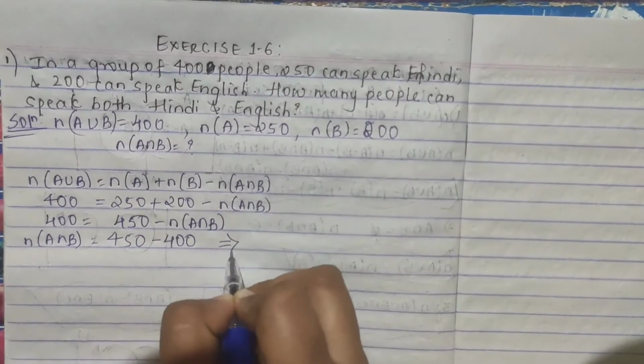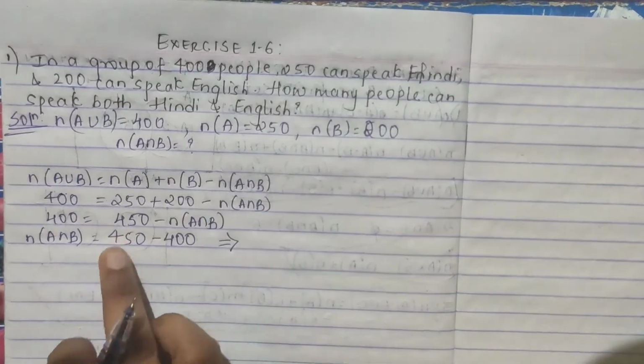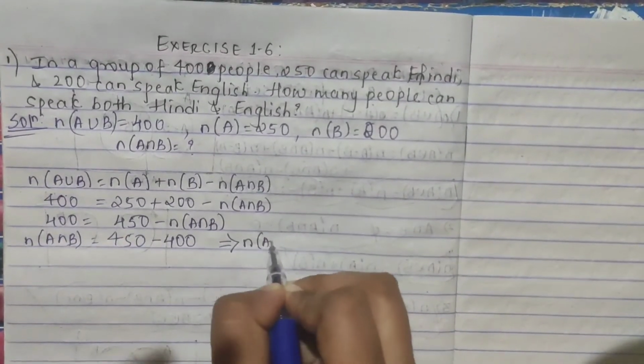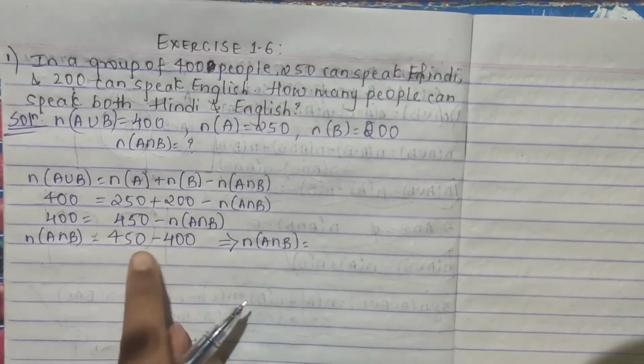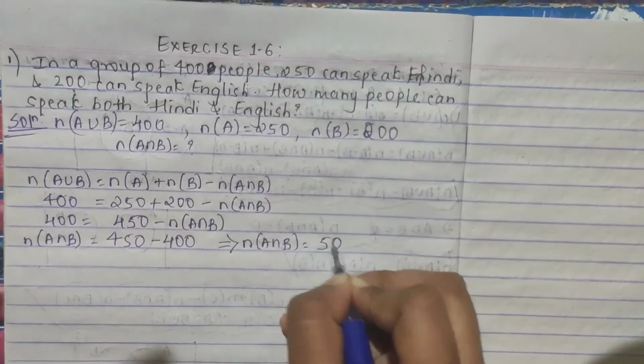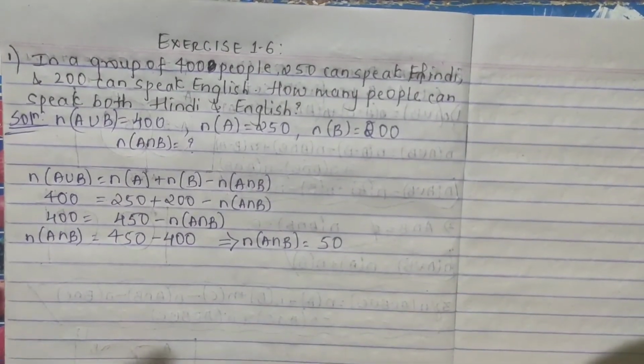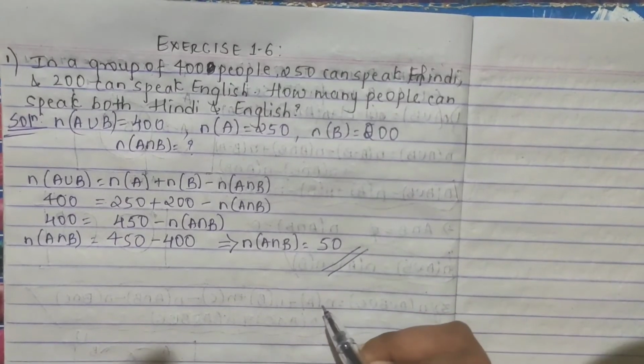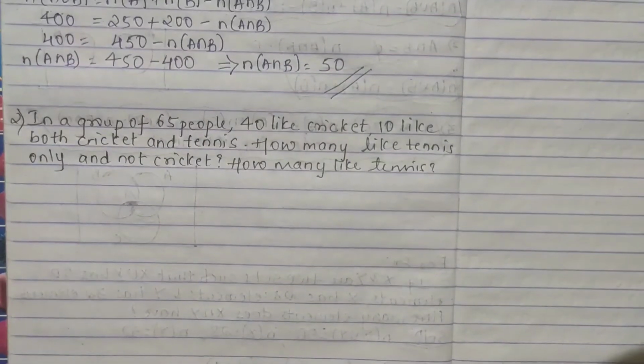N of A intersection B, 450 minus 400 is how much? 50. So both studying Hindi and English is how much? 50 students. Understood? Next question I have.